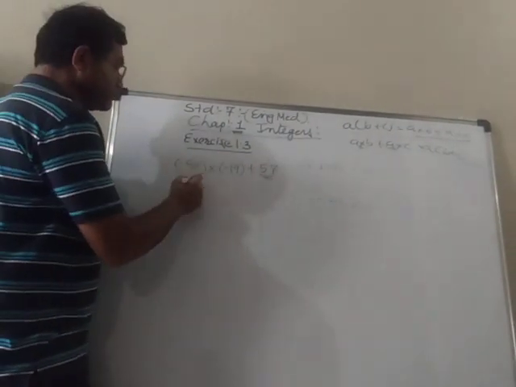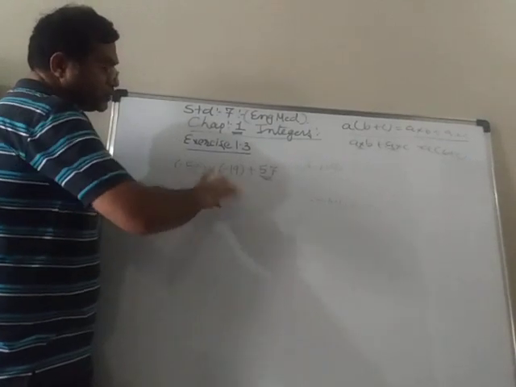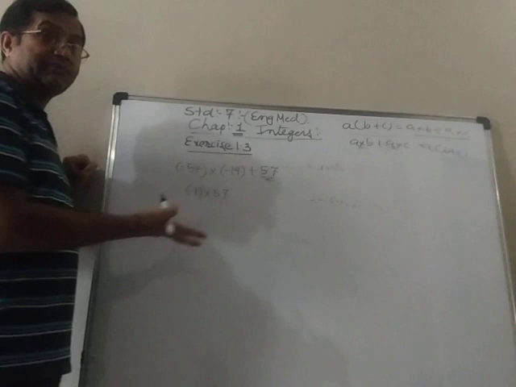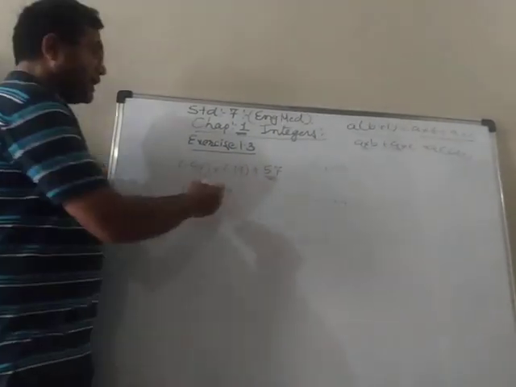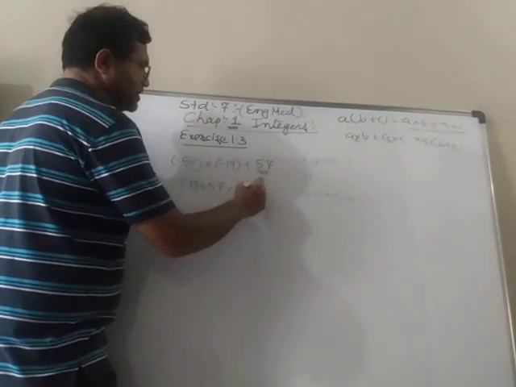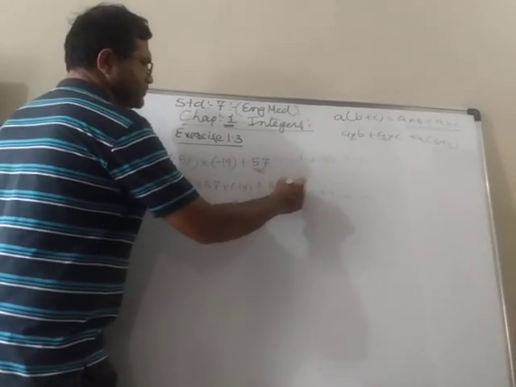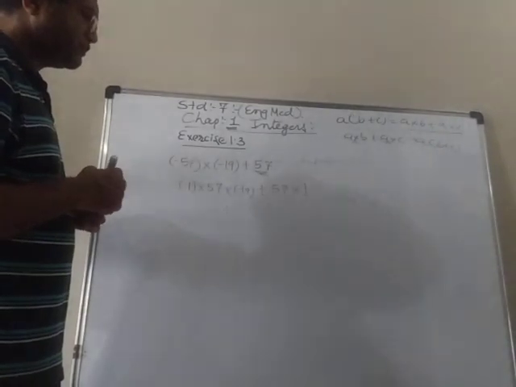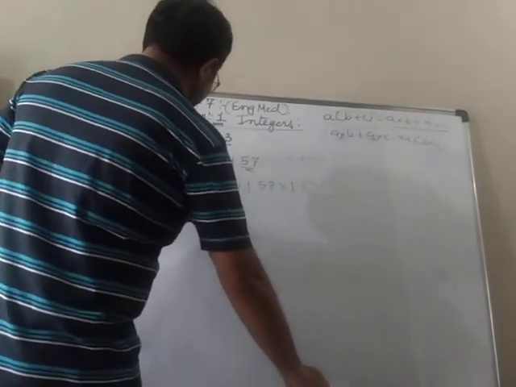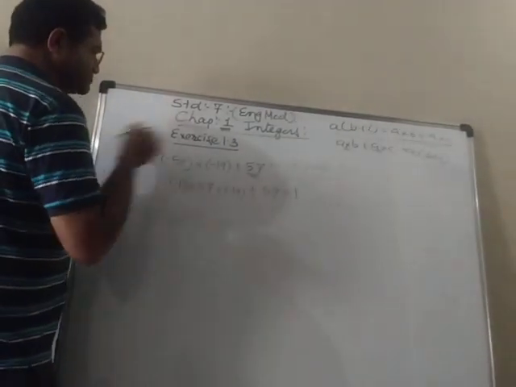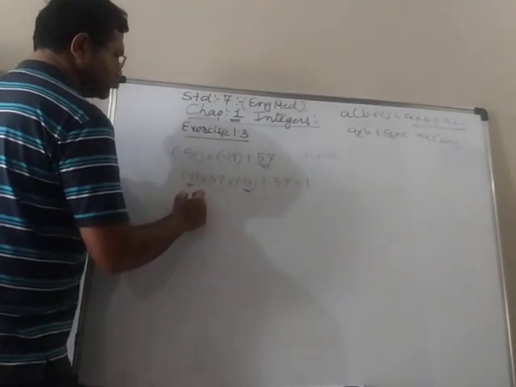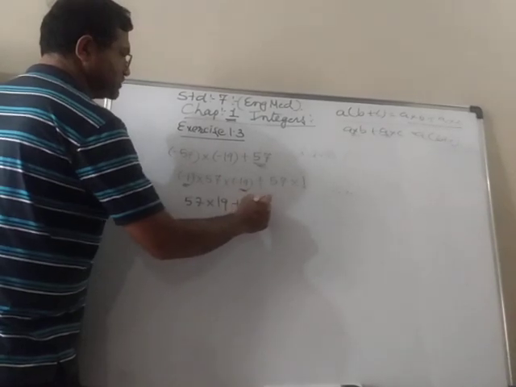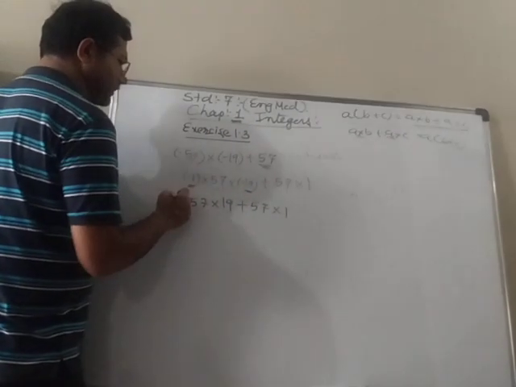How? We can divide into two parts. Minus 1 multiplied by 57 will be again minus 57, and then multiplied by minus 19 plus 57 multiplied by nothing. So for our convenience, we can put 1 here. So now that minus will become plus. So 57 multiplied by 19 plus 57 multiplied by 1.